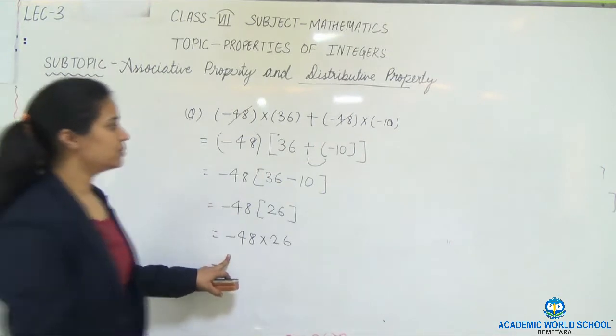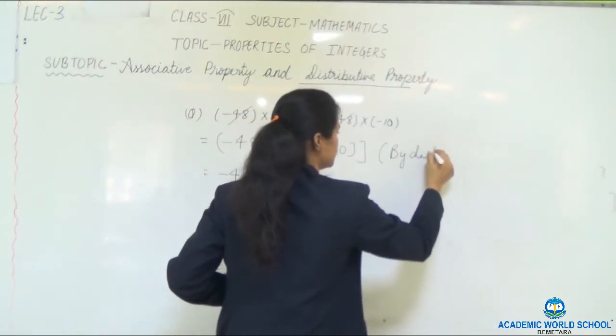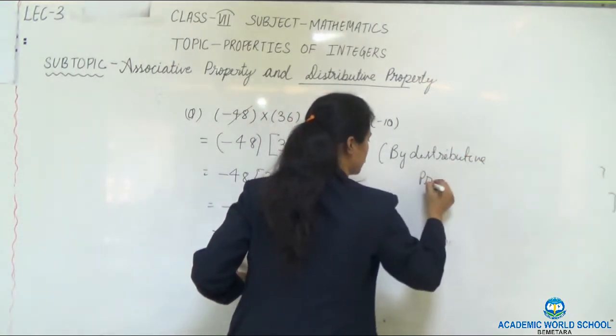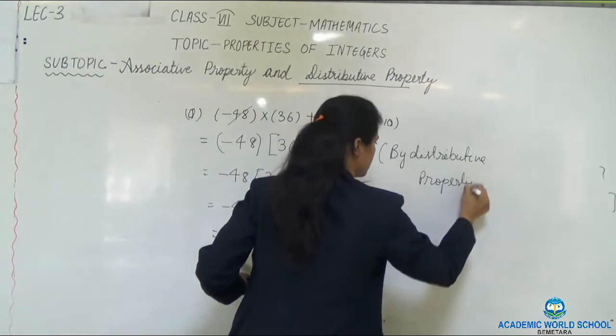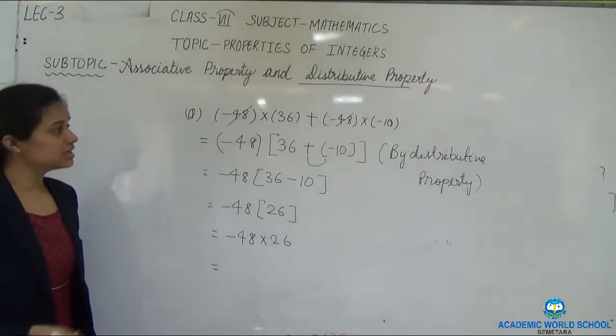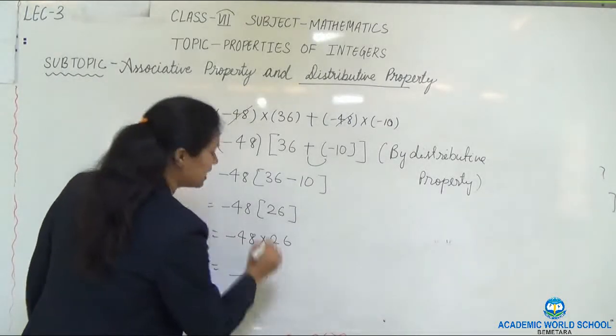This method. So by which property we have solved this question? By distributive property. So these are the questions where we use this distributive property. But if you multiply, you will get an answer.